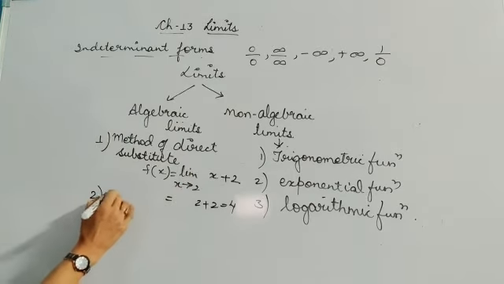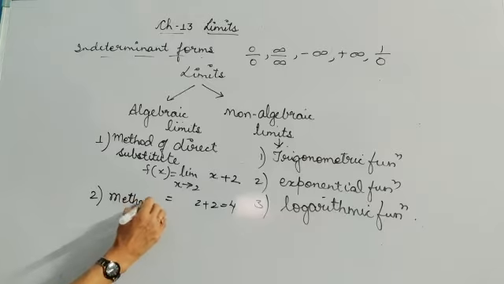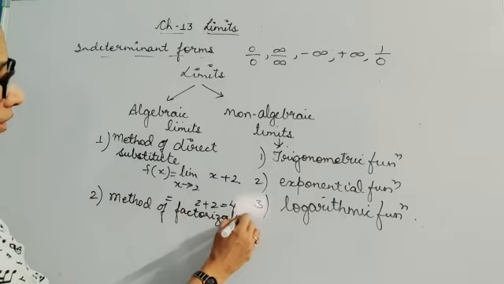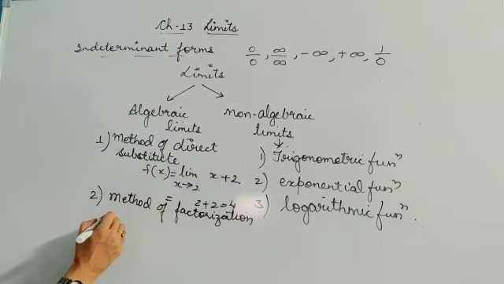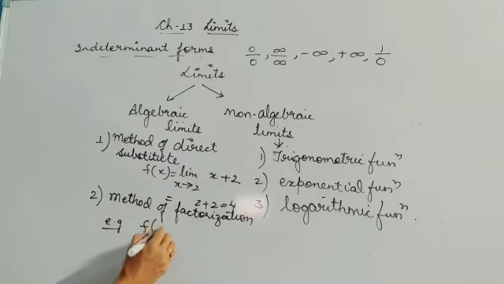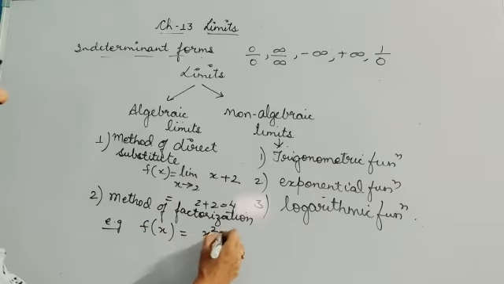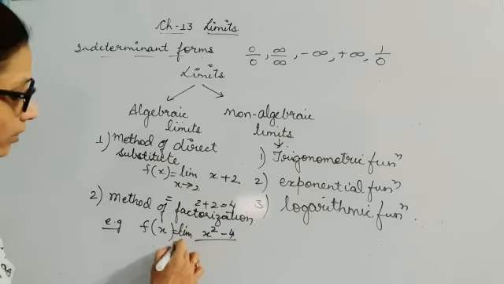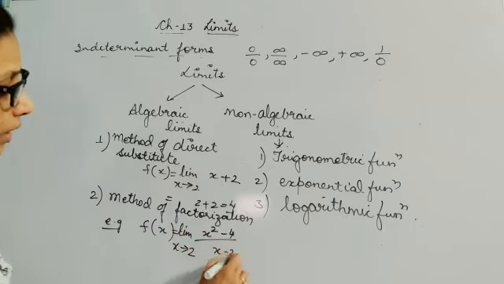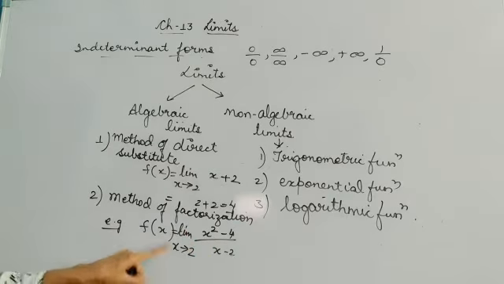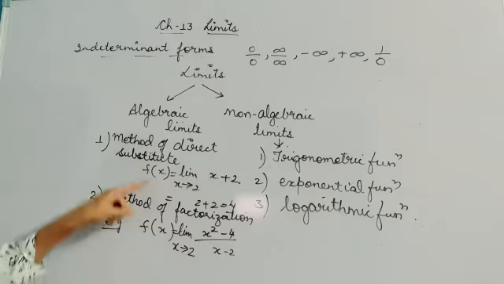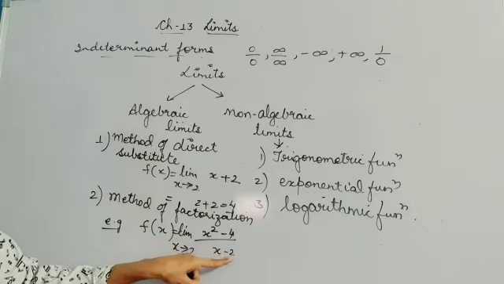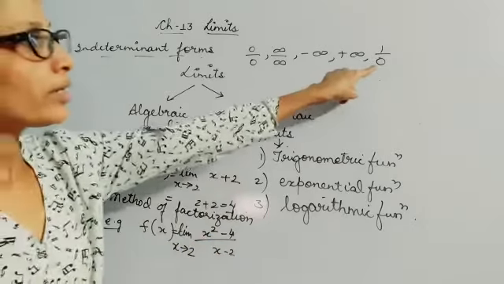Now, the second method is the method of factorization. For example, if you have a function like x square minus 4 upon x minus 2, limit x tends to 2, and if I apply the first method, direct substitution, then in the denominator I will get 2 minus 2, that is 0, which is an indeterminate form.